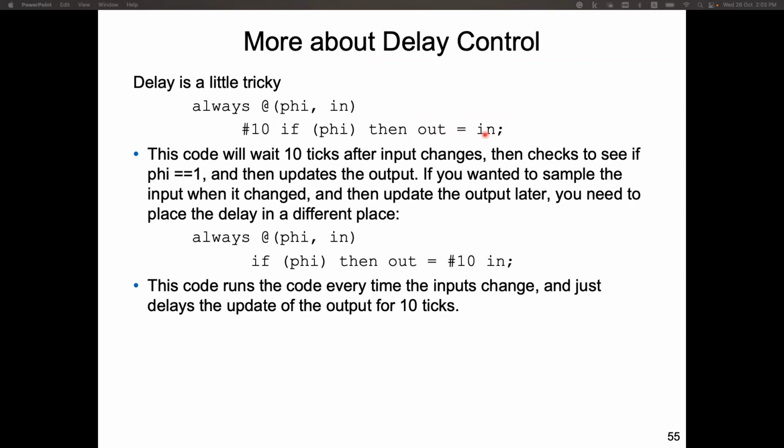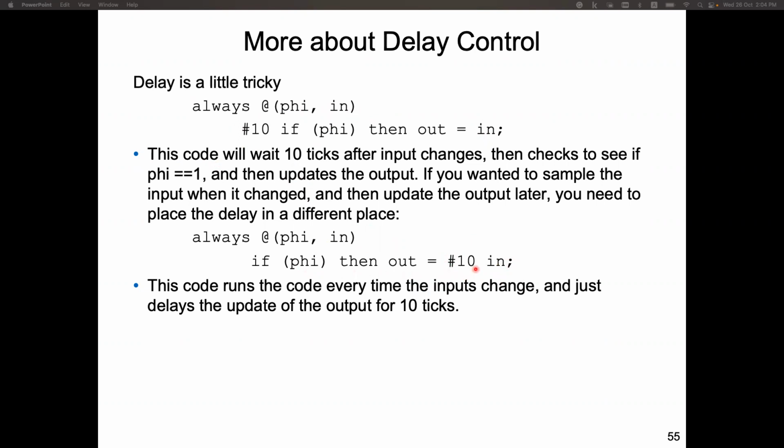But say you wanted to assign the input value at the event, evaluate at the event, then assign to the output after 10 units of delay. You should do it this way. Same statement here. Evaluate the input first at the event.